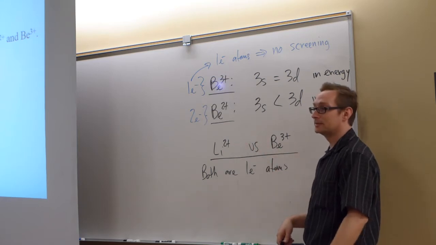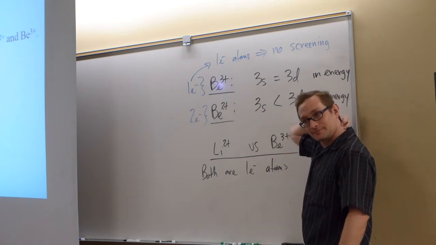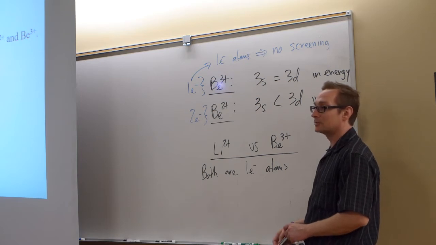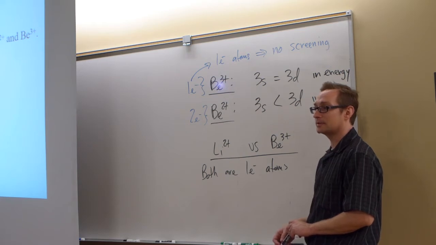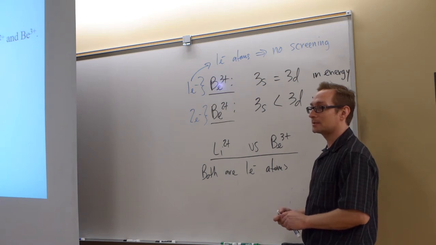They have different protons. Which one has more protons in its nucleus? Beryllium, right? So that means a 2p in a beryllium atom is going to be pulled more towards the nucleus than a 2p being pulled towards the nucleus of a lithium ion. Does that make sense? So now we're talking Coulomb's law.